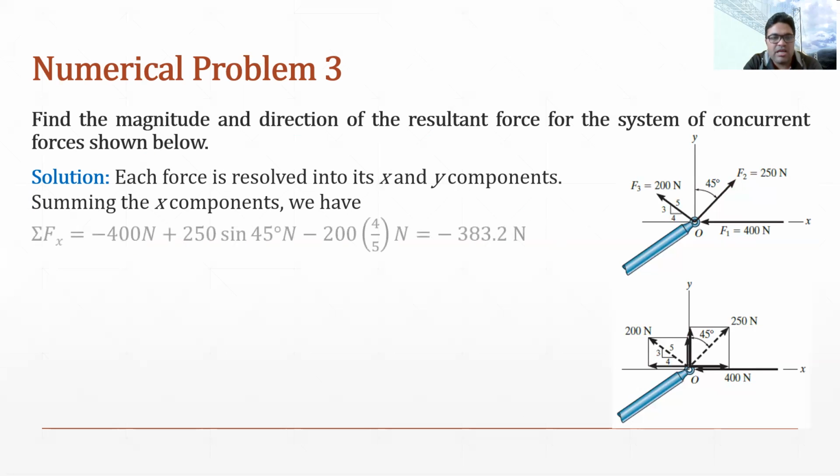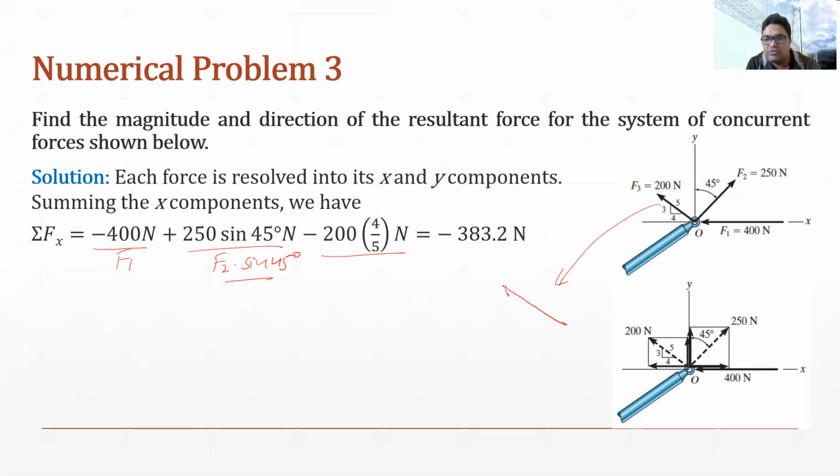All the values I have written here, you can see here. First force F1, and this is the F2 sine 45 degrees, and this one you can see is given in the form of slope. To find the value in terms of the slope, we can segregate this single force.